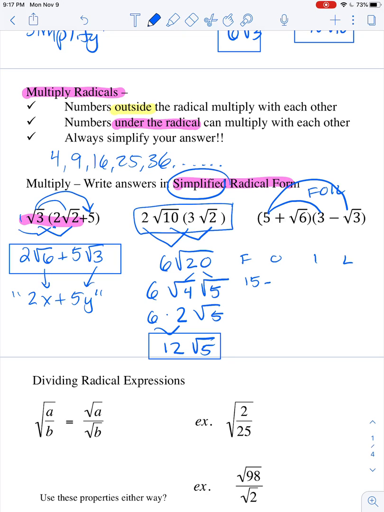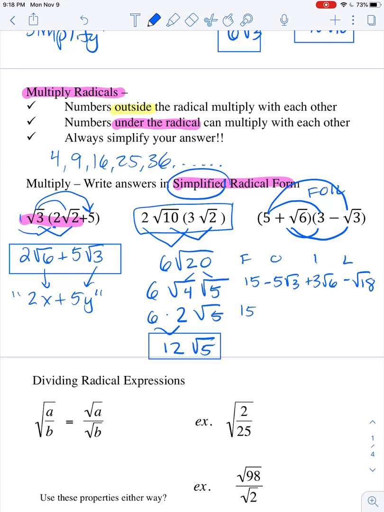Then I'll do the outside terms, which is going to be a negative, and then the 5's an outie and the 3 is on the inside, so they don't actually multiply. My inside terms, that's going to be my inside right there. I'm going to have a 3 and then a root 6. And then my last terms, be careful there, I have a positive root 6 times a negative root 3, so I get negative root 18.